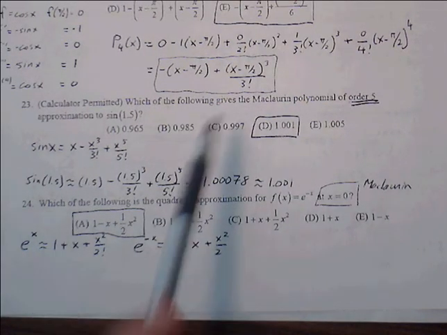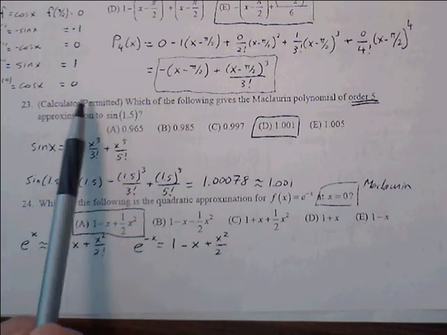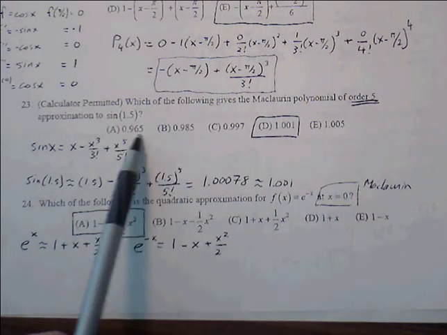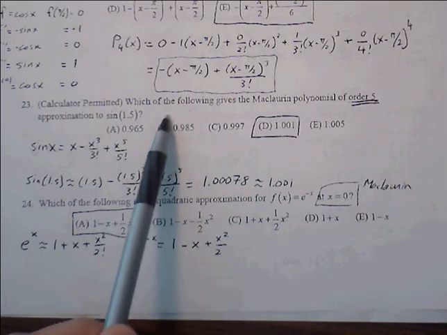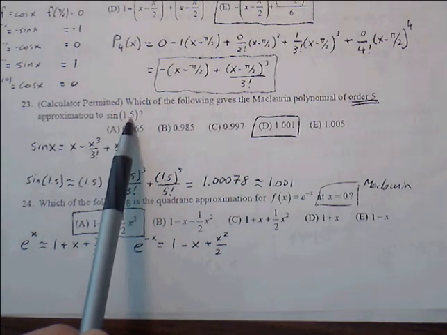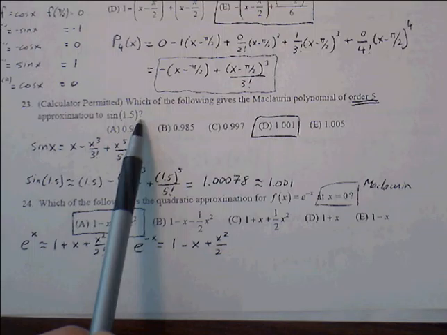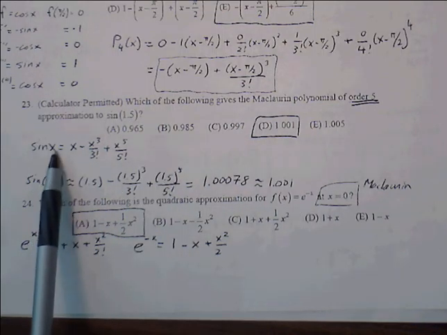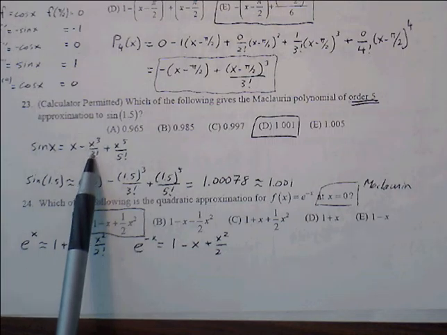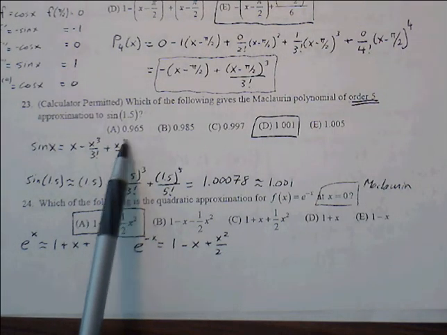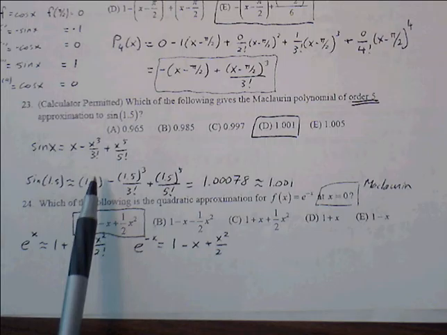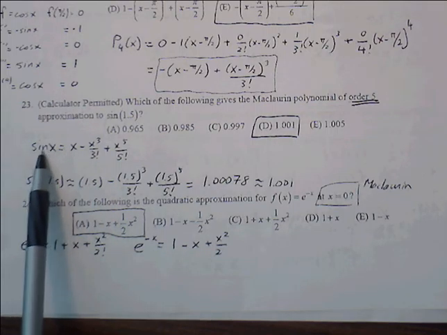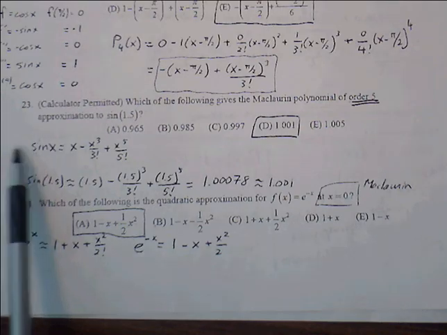Okay, which of the following gives the Maclaurin polynomial of order 5 approximation to sine of 1.5? We are dealing with sine of x, so we can build the Maclaurin polynomial for sine of x up to the 5th degree. Sine of x we know is x minus x cubed over 3 factorial plus x to the 5th over 5 factorial. That's something we need to memorize, so we don't have to build these commonly used Maclaurin polynomials over and over again.